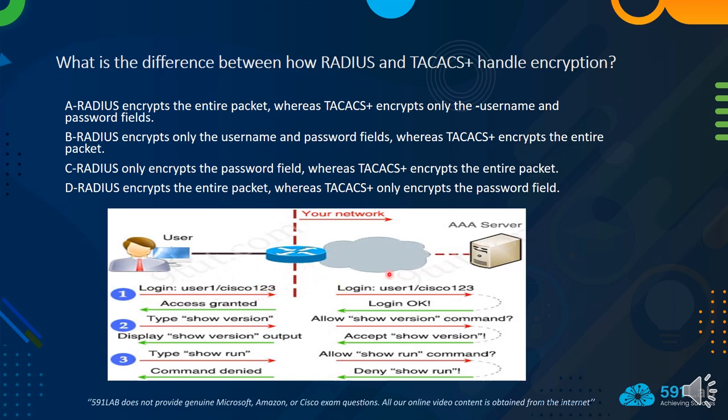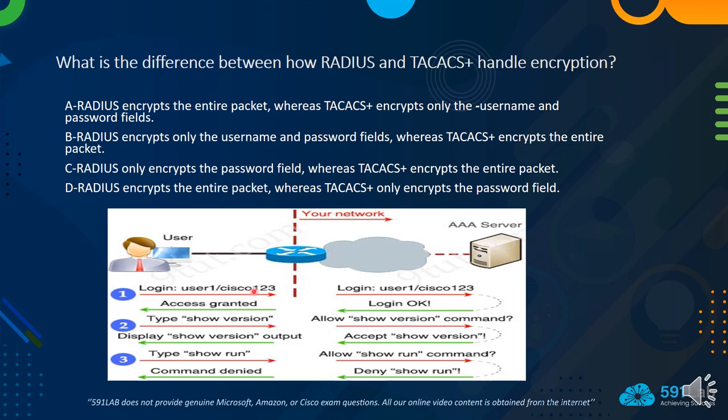The router will send the username and password to the AAA server, and after that, the AAA server will log the user on. For the first option, if we are using RADIUS, RADIUS encrypts only the password. So if we have a pcap file, the cisco123 will be the only part encrypted. On the other hand, TACACS+ encrypts the whole packet, including the username and password.